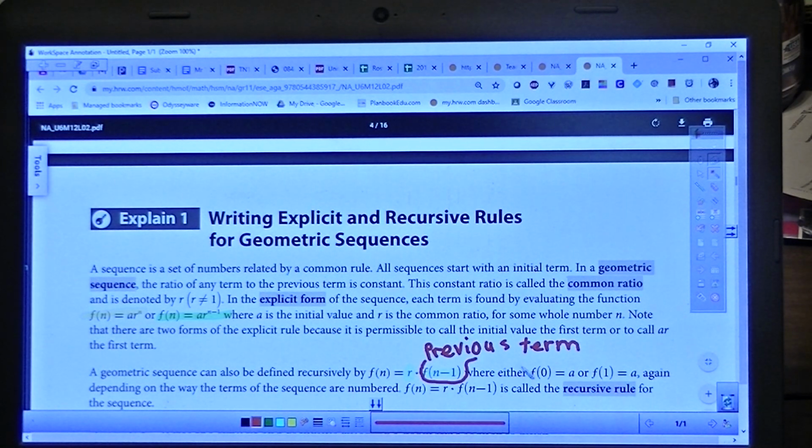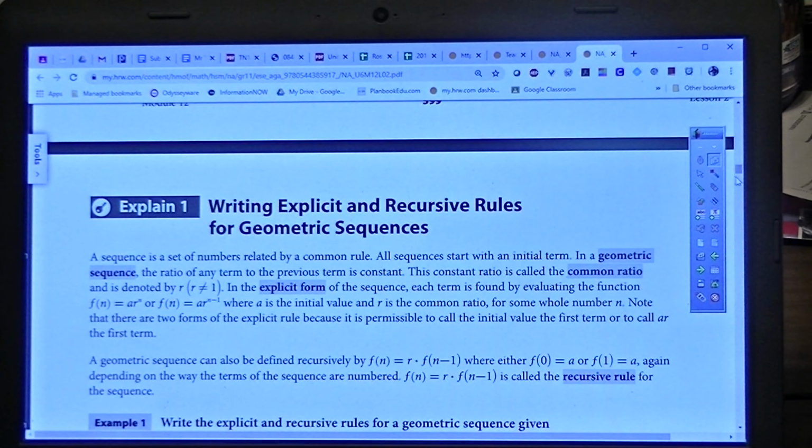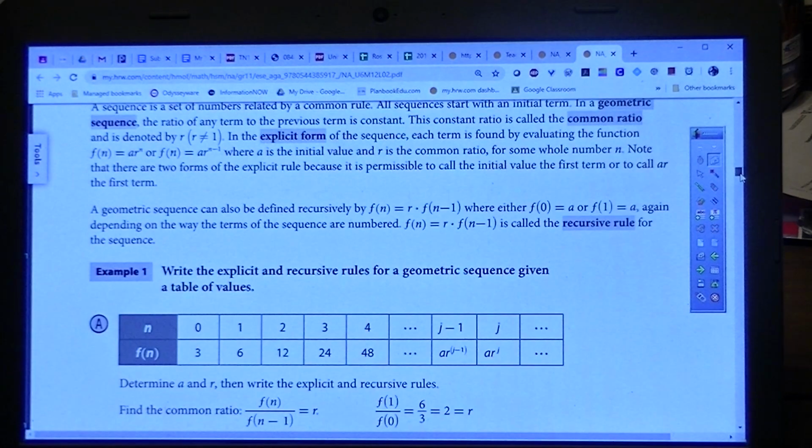That's what that n minus 1 should make you think of. And they always got to tell you whether you're going to be starting at 0 or starting at 1 for those patterns. So all that's the same as it was with arithmetic patterns, but now we're going to be doing multiplication patterns instead.